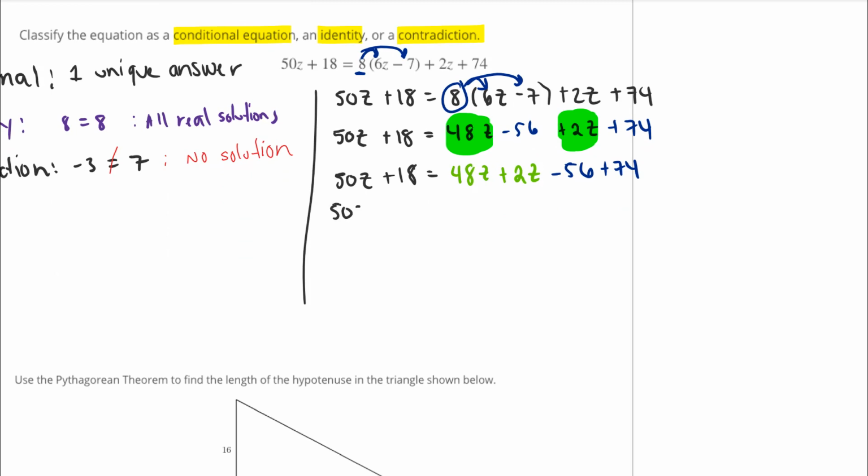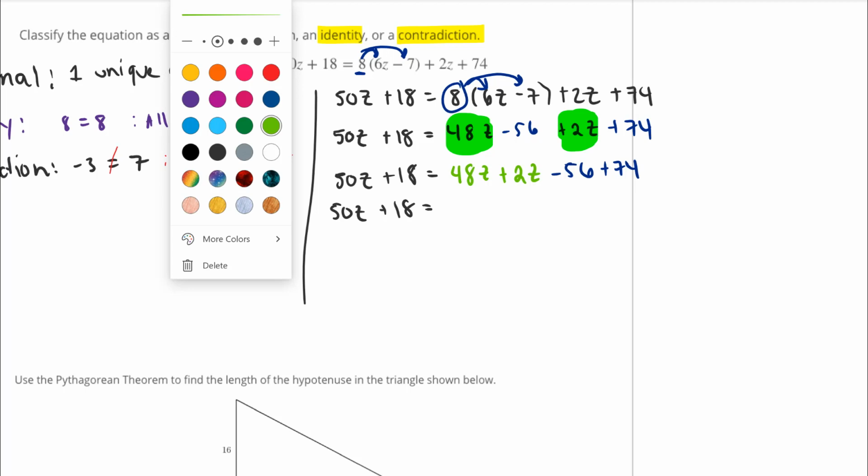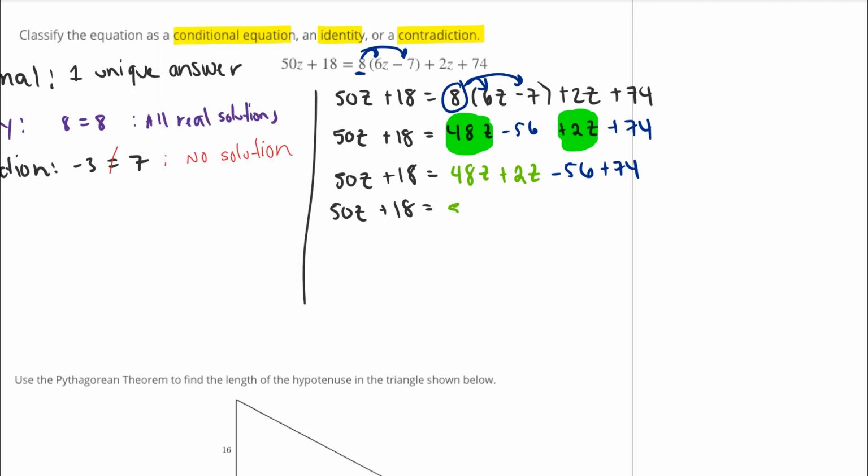So combining like terms, 48z plus my 2z is going to give me 50z. And if I combine my negative 56 and 74, I would get a 18. So I know that these two numbers combine together and these two numbers combine together.